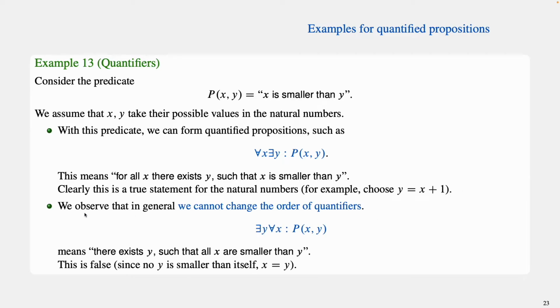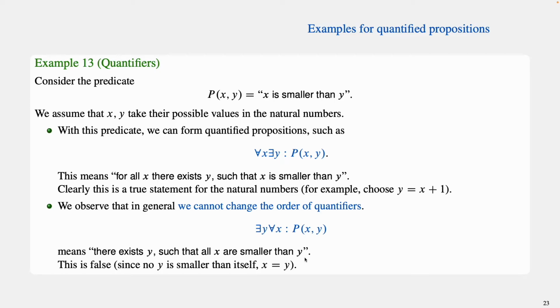With this example, we can also observe that in general we cannot change the order of the quantifiers. If you look at this proposition here, which uses the same quantifiers as we had up here, but we reverse the order, then we see this. This one means there exists y such that for all x, P(x, y), which translates into there exists y such that all x are smaller than y.